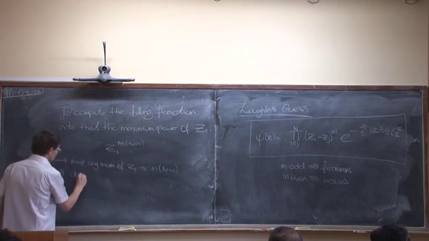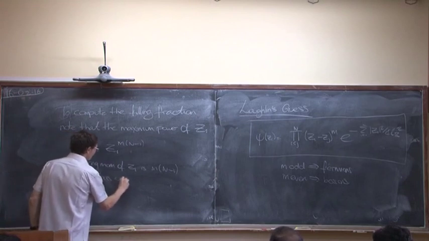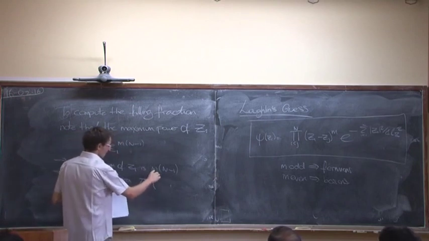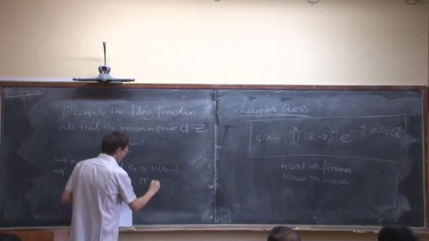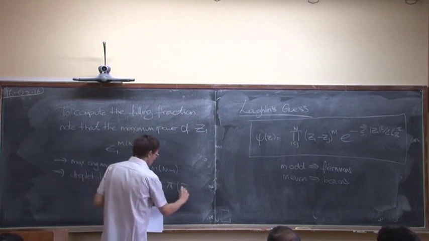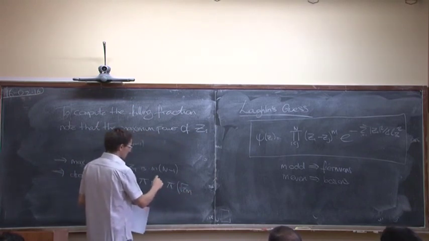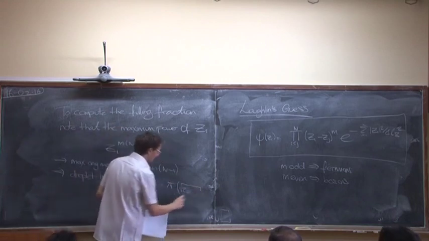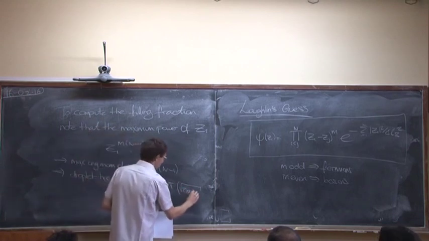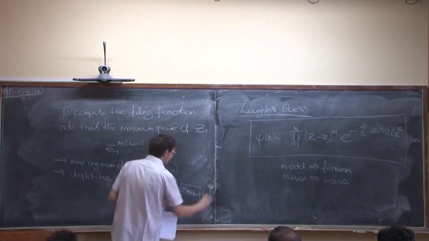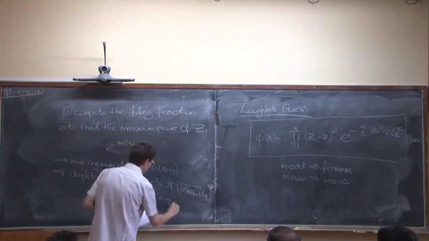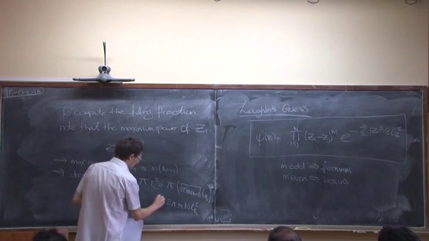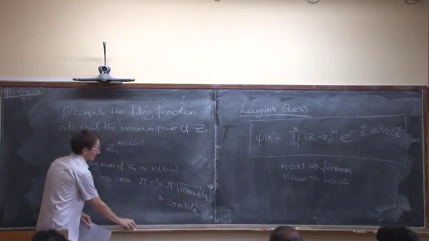So the droplet has an area pi times r squared, where r is the square root of 2 times m times n minus 1 lB squared, which is 2 pi m n lB squared, where I replaced n minus 1 with n.